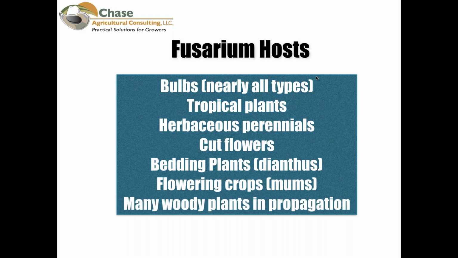And finally, honestly, just about anything in propagation, whether it's a woody plant or not. So this list pretty well covers ornamentals. There's just about nothing that escapes it. You don't see a whole lot of Fusarium on turf grass, but then they aren't really considered ornamentals either. So the range of hosts can be amazingly diverse, and it does include just about everything we grow in ornamentals.